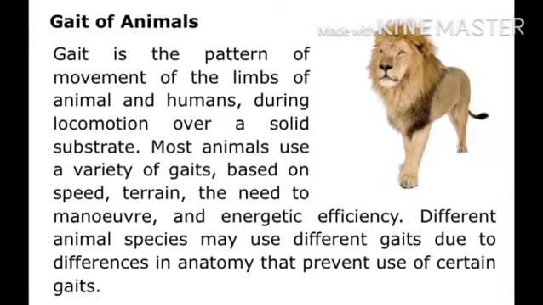Different animal species may use different gaits due to differences in anatomy. Different animals use different organs to move from one place to another. For example, birds fly, fish swim, snakes crawl and slither.